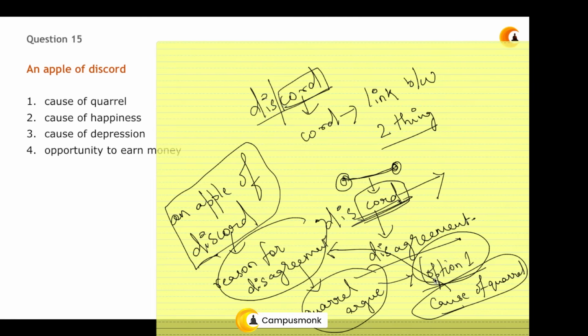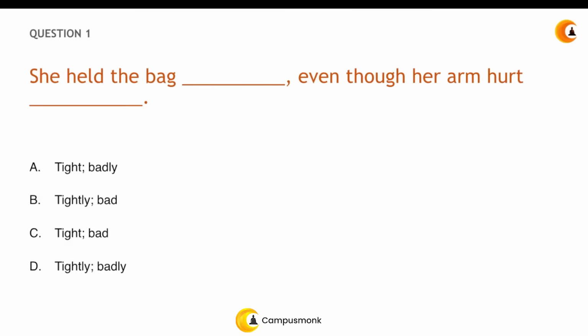Opportunity to earn money, not at all. You can't earn money with disagreement. So cause of quarrel. If you disagree, you quarrel, you argue until you win. That is what you do. So your answer is in option number 1. Alright. Now I know most of us would have thought that the answer is different, right?